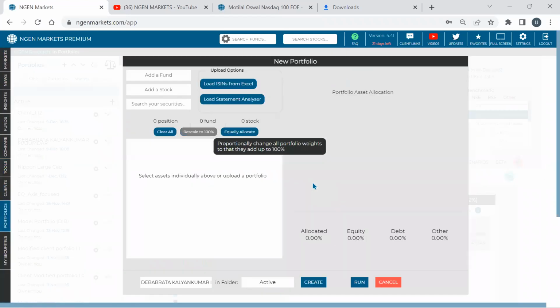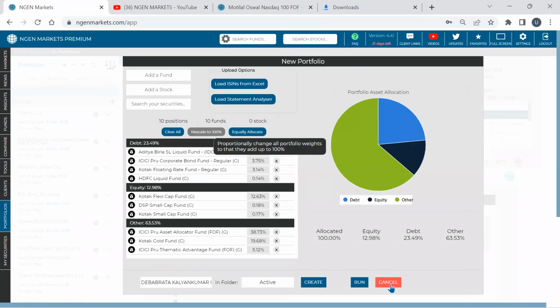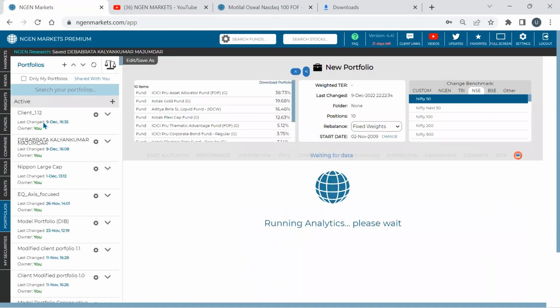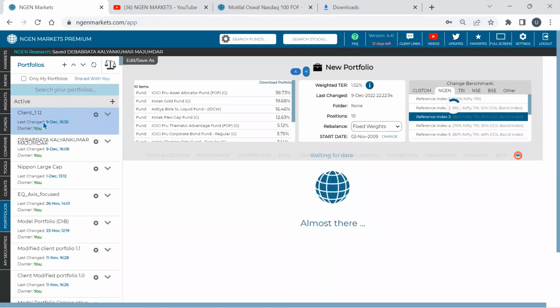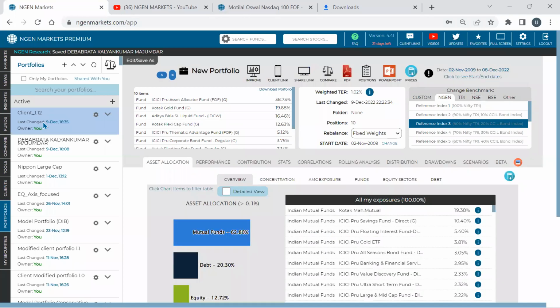Now you just click on create, and it will save a portfolio in the portfolio section for you. We've already got one, but that's how you do it. If you want to save this in the client section, as I said, we'll be releasing that in a short while, where in the manual data section in the client section, you'll also be able to import this data. Right now, you have to enter it manually.